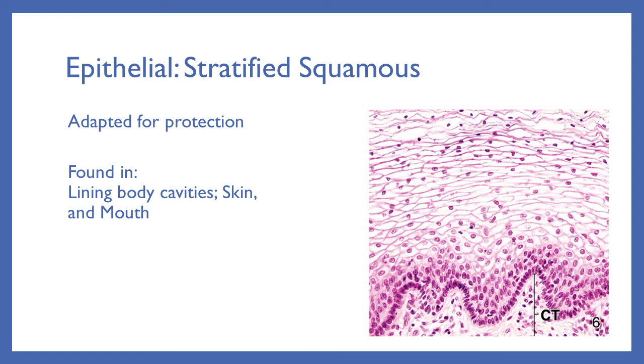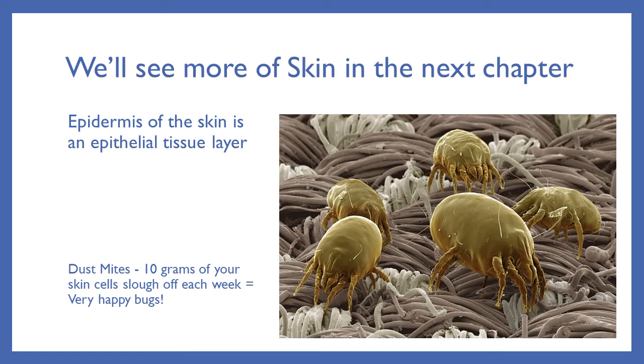But this layering of dead cells is very good for protection because any bacteria that got onto that surface is going to have a very difficult time getting through all of those layers of cells down through the basement membrane. Now we're going to spend a whole lot of time on skin in our next chapter, so we'll have to move on and save most of that for next week.